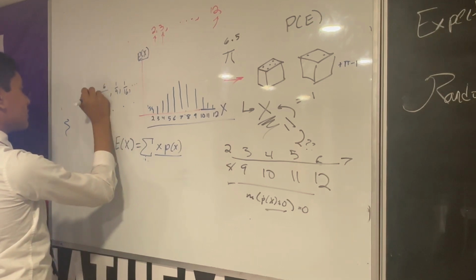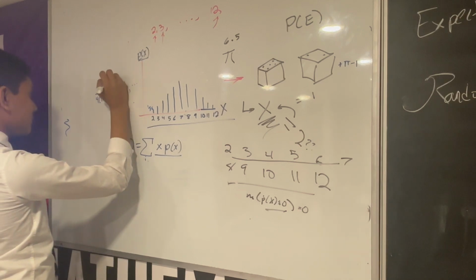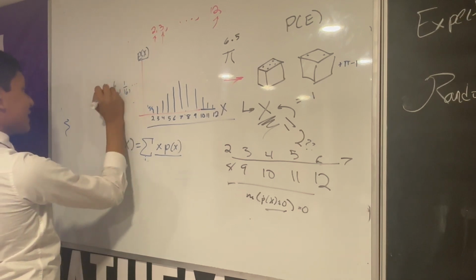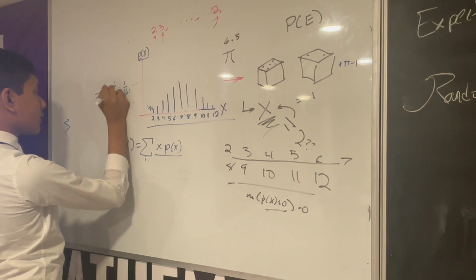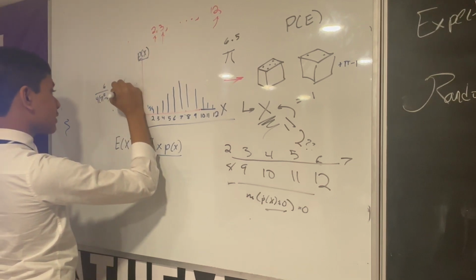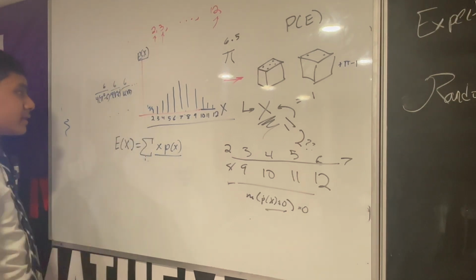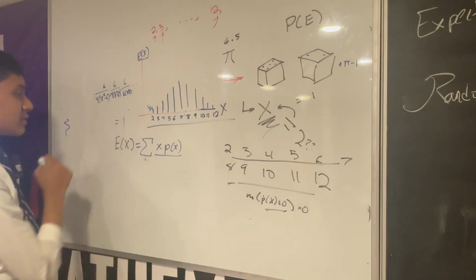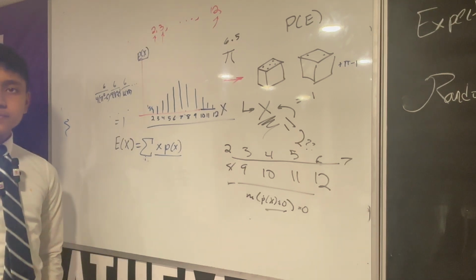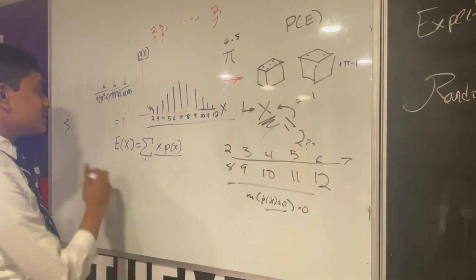But I'd have to write something like this, but even then, this still makes sense. 6 over pi squared, and so on and so forth. And the sum of these probabilities is 1, which means that, by the Basel problem, the sum of all of these is 1.